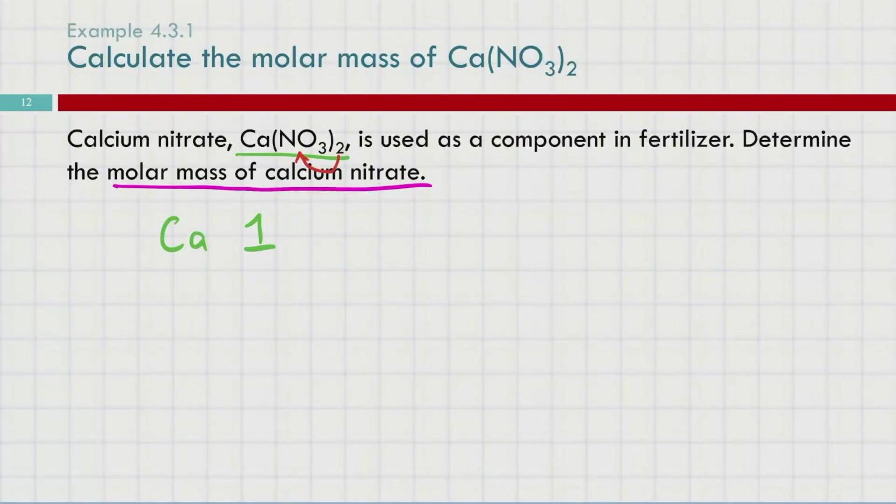So we have 2 nitrogens. Oxygen has a 3 subscript on it, and it's in parentheses with a 2. And so it's going to be 2 times 3 oxygens. So for oxygen, we have 2 times 3, 6 oxygens.